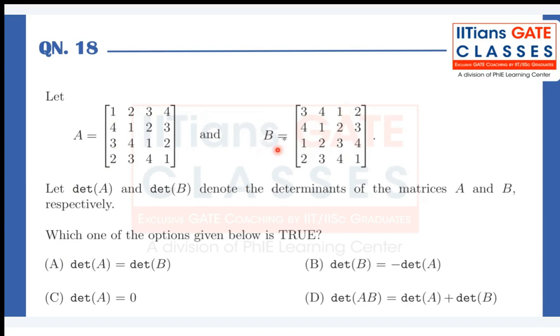So basically, if we interchange the first row and third row, either in B or in A, we'll end up with the other matrix. If I interchange the first row with the third in matrix A, I'll end up with matrix B, right?